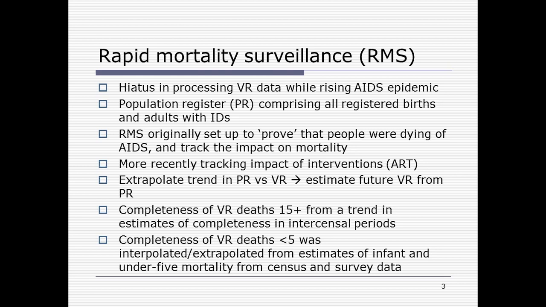Now, as you know, we have a population register with all registered births and adults with IDs. We set up the rapid mortality surveillance system, getting the data from the population register on a monthly basis to attempt to prove to the government that people were in fact dying of AIDS, and to track the impact on mortality over time.